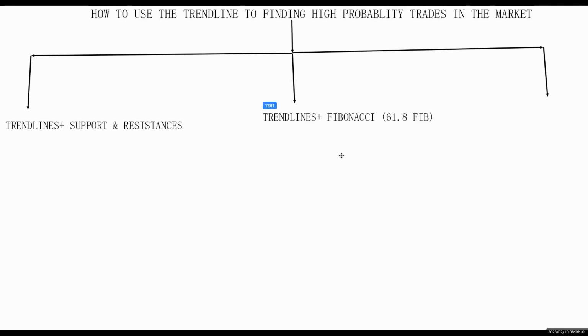So the last one, which is the highest probability one, when you see this in the market, just know it's a high probability trade, is combining the trend line plus the support and resistance plus the Fibonacci. So when you see this in the market, just know that it's a very high probability.